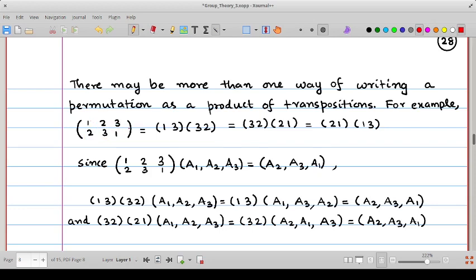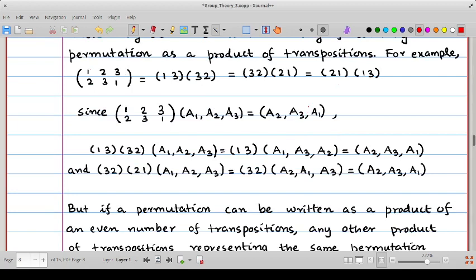In fact, this permutation can be written as the product of transpositions. First, the transposition (3, 2) followed by transposition (1, 3), or it can also be written as the transposition (2, 1) followed by transposition (3, 2), or it can also be written as the transposition (1, 3) followed by transposition (2, 1).